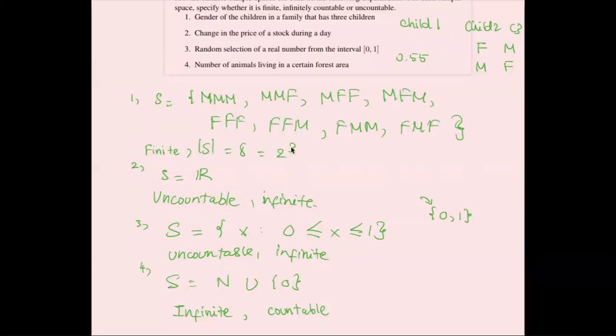Is that U shape? Is that for union? Can you say again? So for number 4, number of animals living in a certain forest area. Yes. The sample space equals N, any natural number, and then the symbol after that is union, right? Yes. Gotcha, union. All right. Perfect. Thank you.